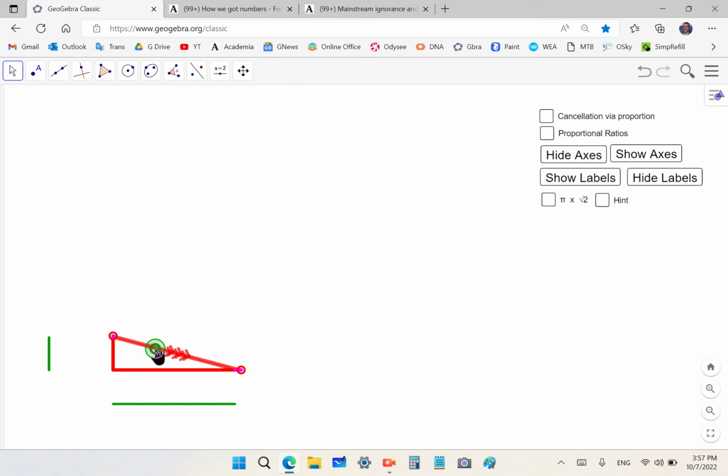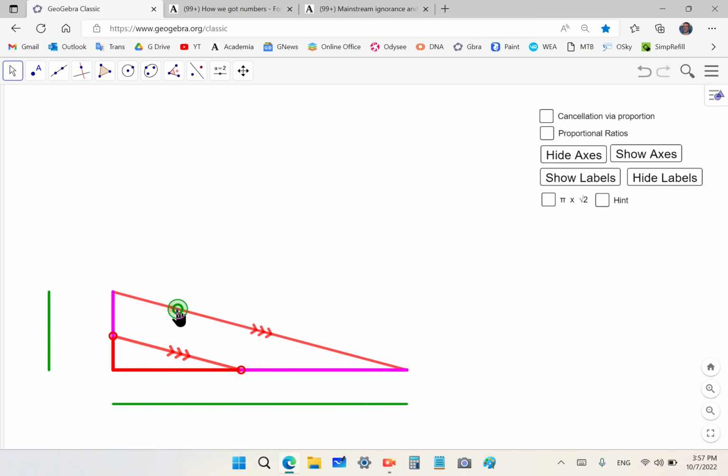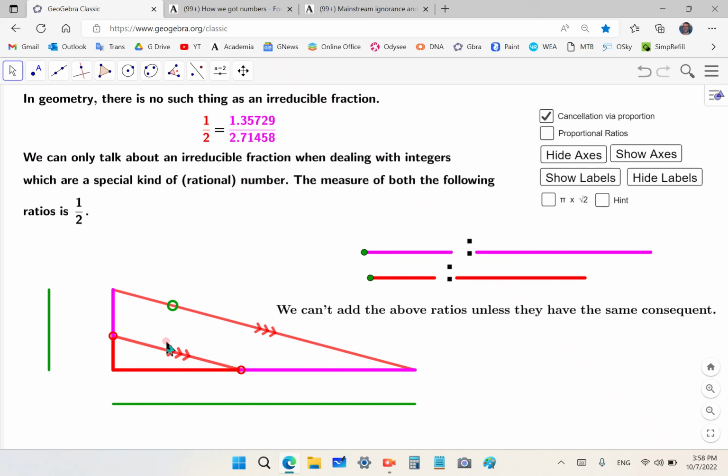Now in this particular case, you'll see that all these ratios are proportional. That means that if you take the measure of any of them, the measure will be the same, but they're proportional. Does that make sense?